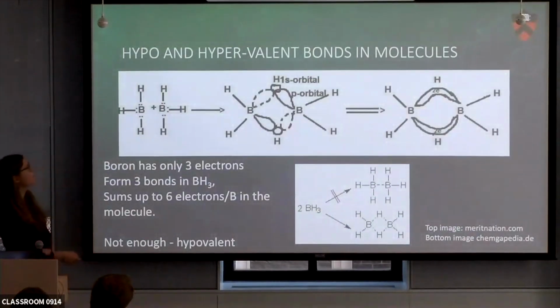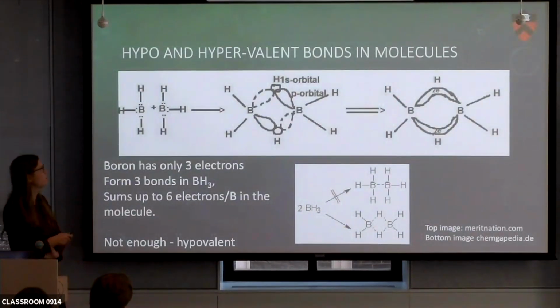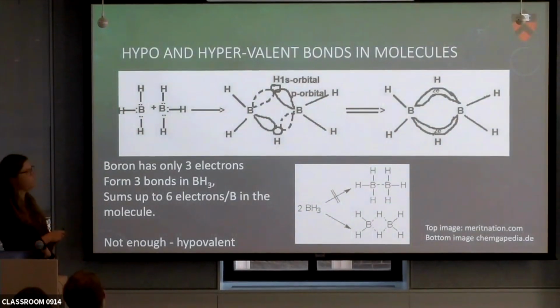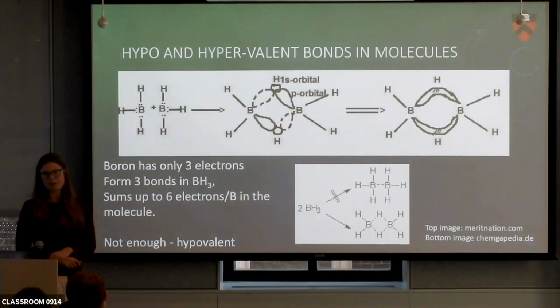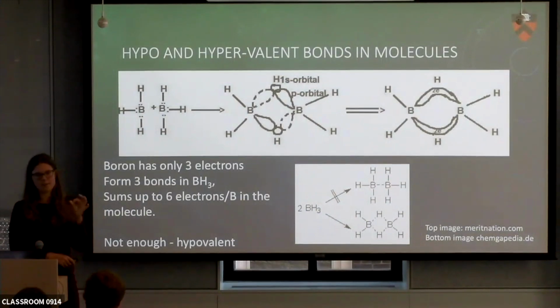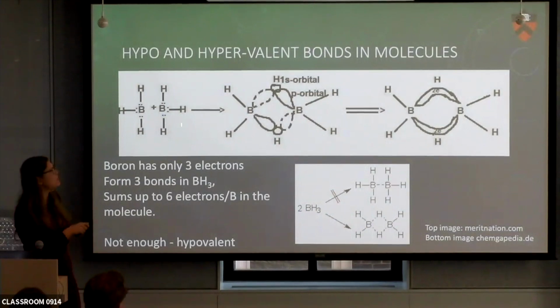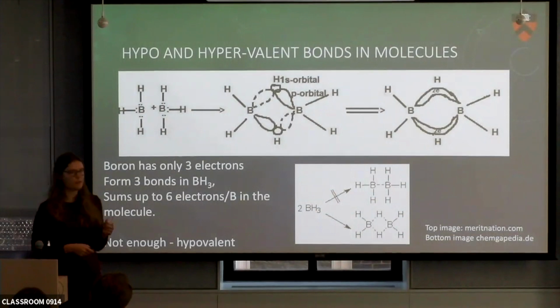And so, for example, there are these hypo or hypervalent bonds known in molecules. For example, if you have BH3, so here's a very simple chemistry rule. You always have to count to 8 to know if a molecule is happy. So each atom wants to have 8 electrons. But in BH3, boron has only 6 electrons. So it is electron deficient.